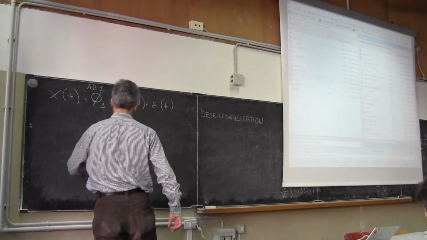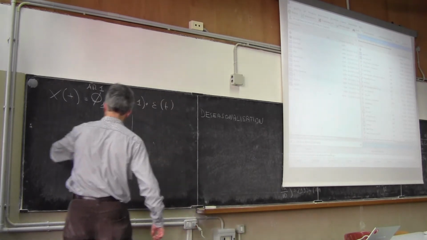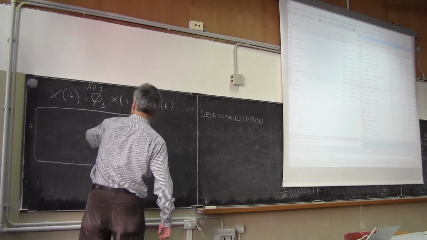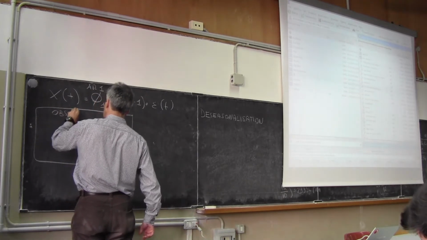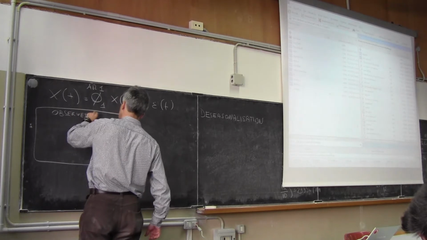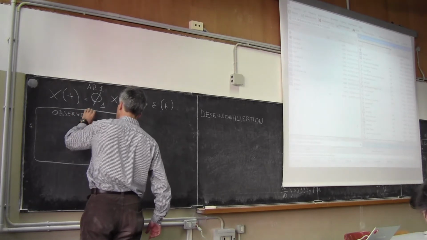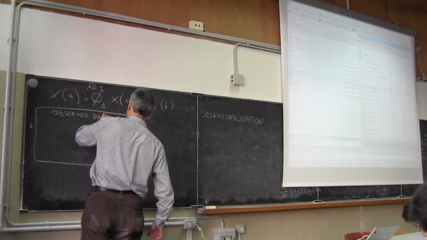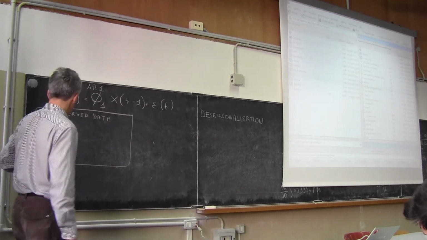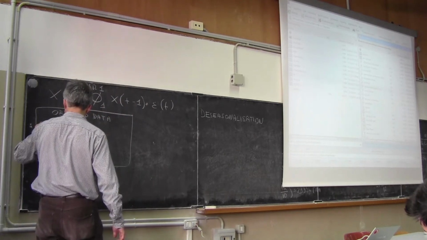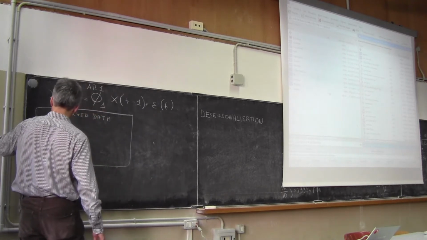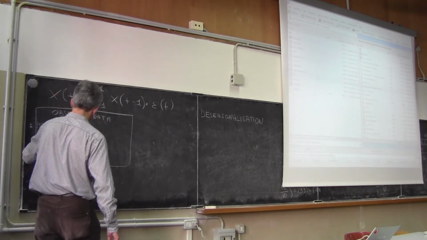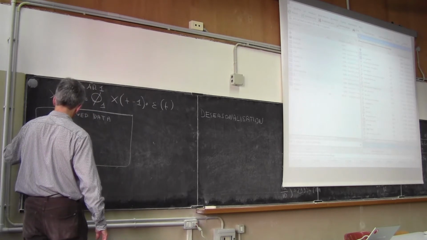The concept is you have a box which refers to the observed data, and you start from a seasonal series. I display here the autocorrelation function.